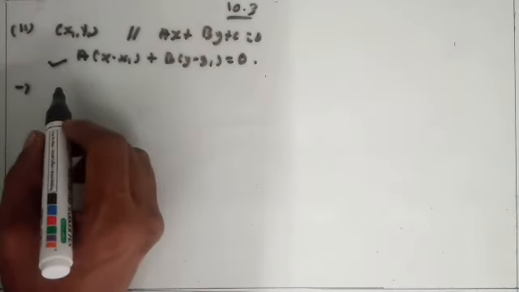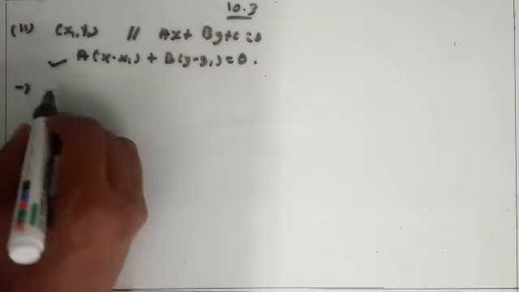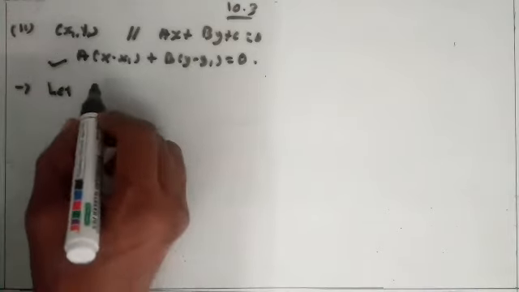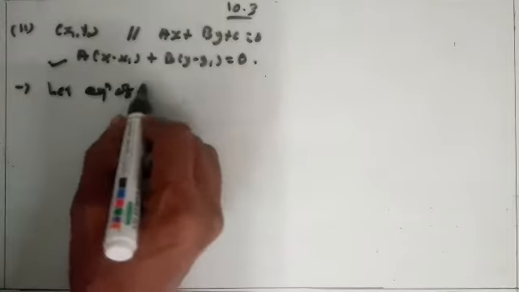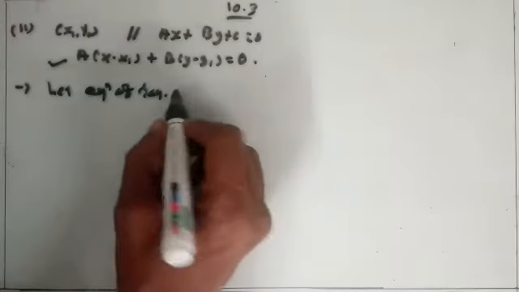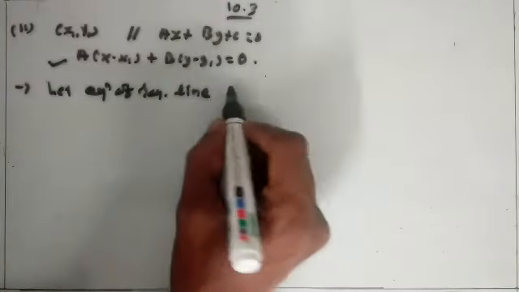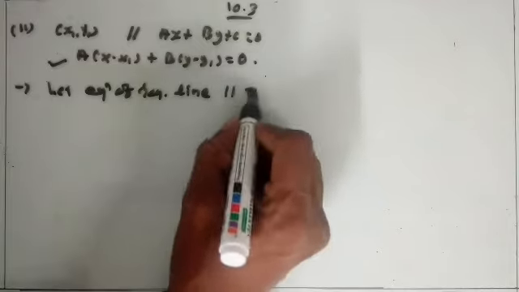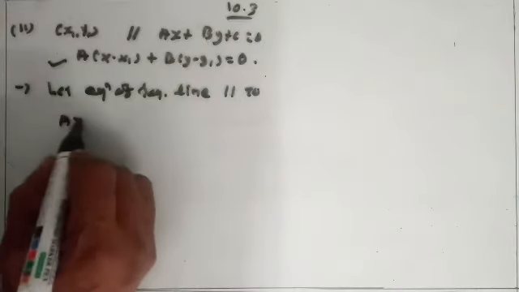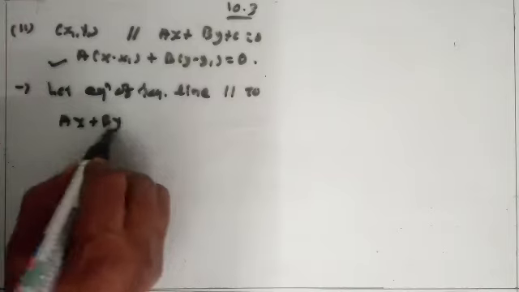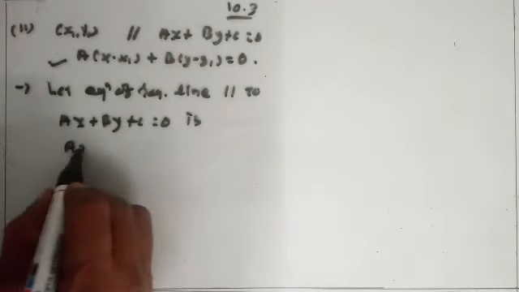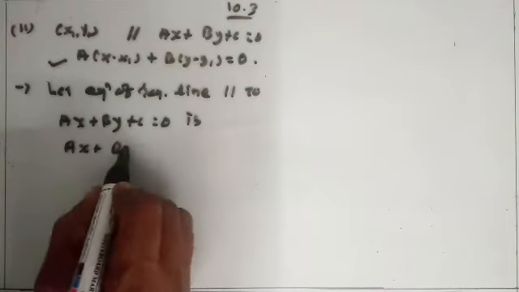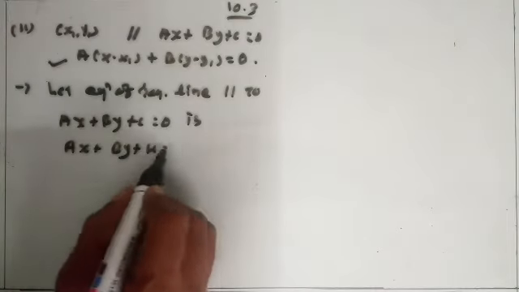Now here we apply the first method. Let the equation of a required line parallel to ax plus by plus c equal to 0 be ax plus by plus k equal to 0.